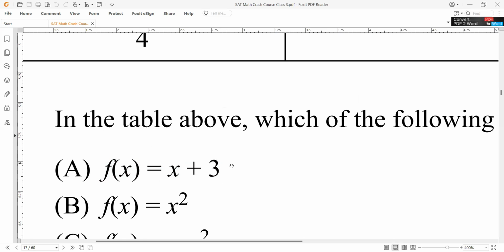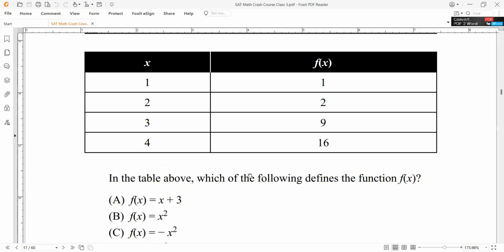This is the mathematical expression for this function f. At the same time, the output of this function is also represented this way. But the name of the function is not f of x. The name of the function is f. You got my point?